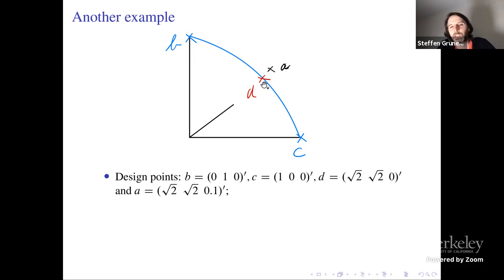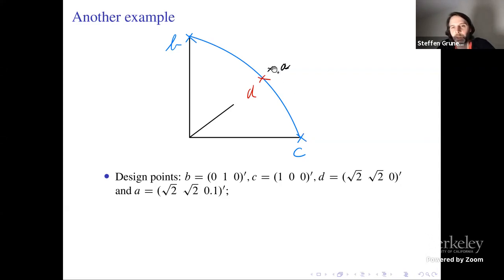And I'm now interested in the mean squared error at D. I don't have any points at D, so D is not a design point, but it lies in the span of C and B. So now at least you would hope that the mean squared error at that point is totally dominated by the point closest to it, which is the point A, and that the points at B and C, which are very far from it, don't really have an impact.